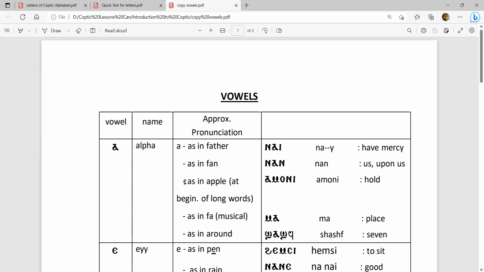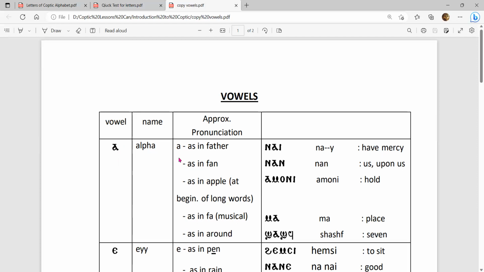So we shall go for alpha. Alpha has some pronunciations as shown here below. We shall go one by one.